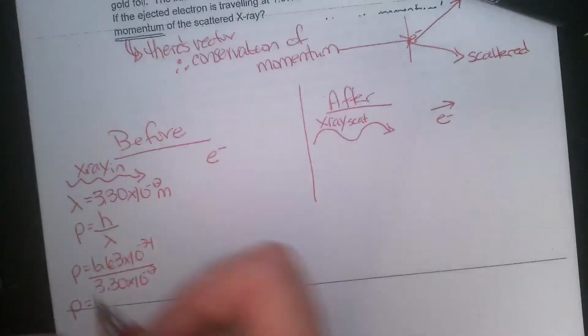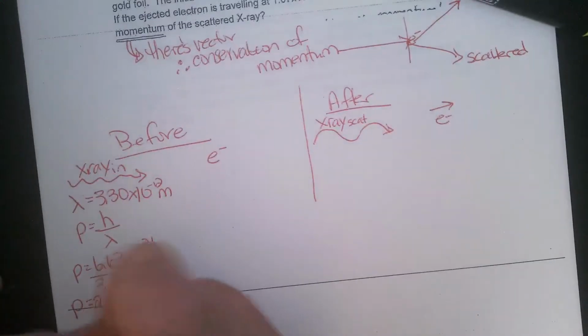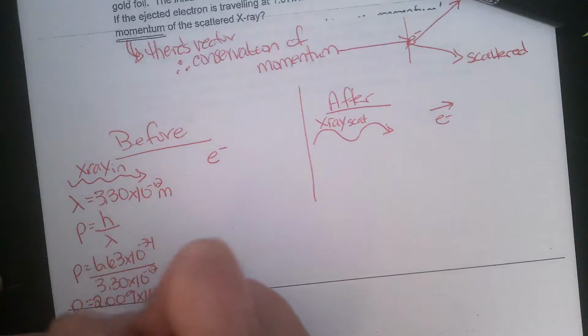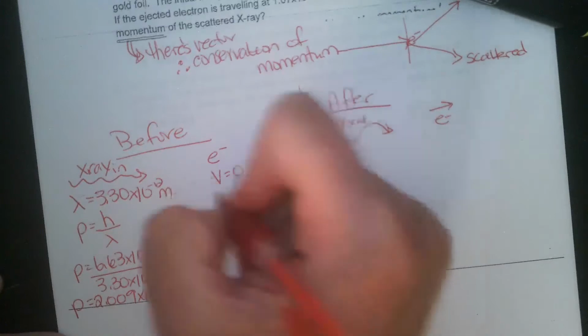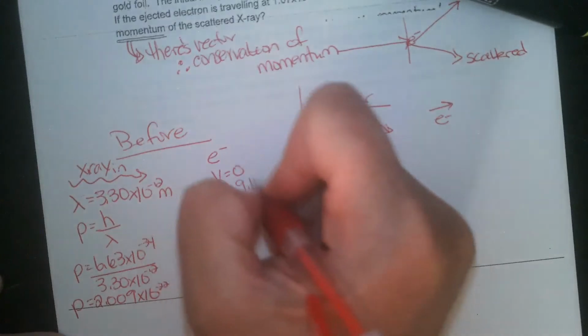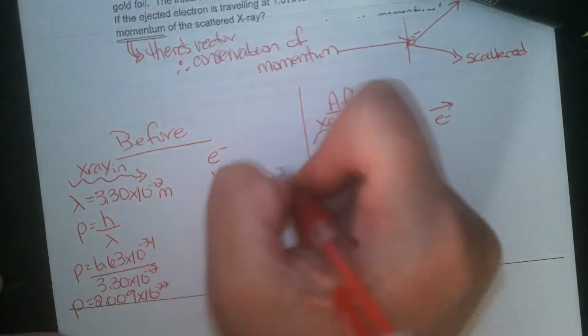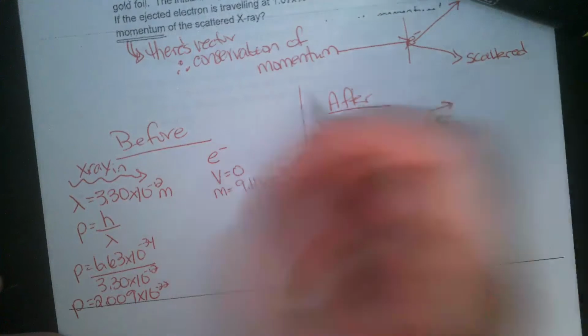P will be equal to 2.009 times 10 to the negative 22. For our electron, our velocity is 0 and our mass is 9.11 times 10 to the negative 31 kilograms.